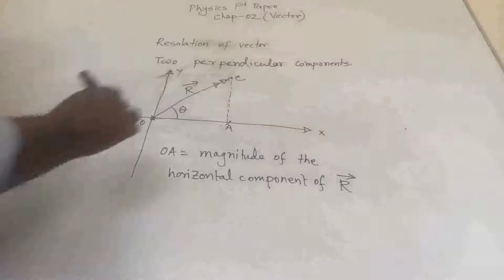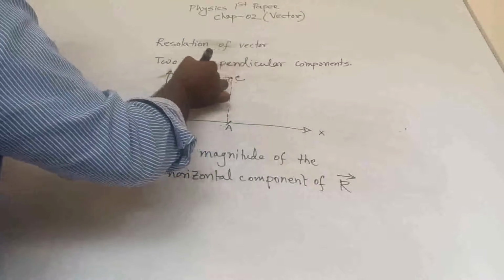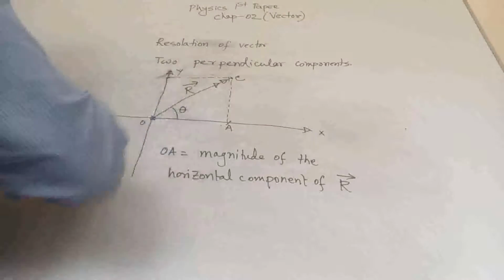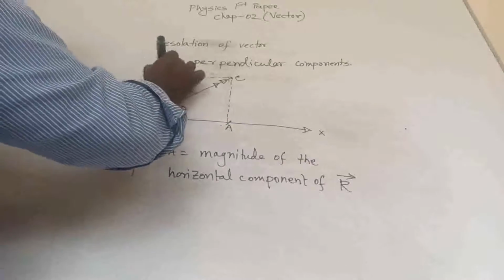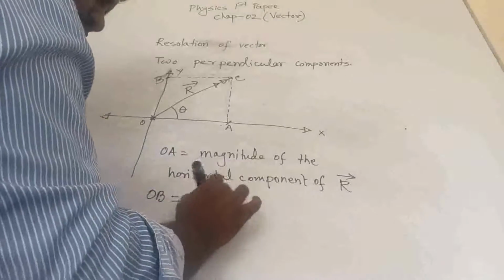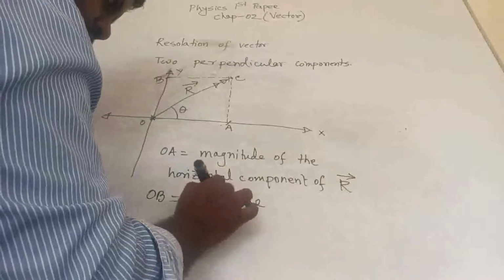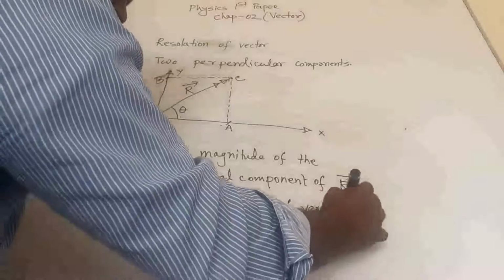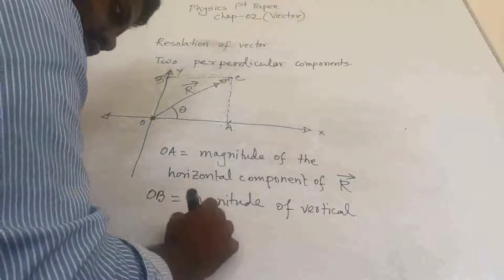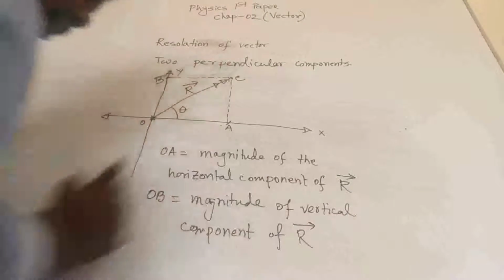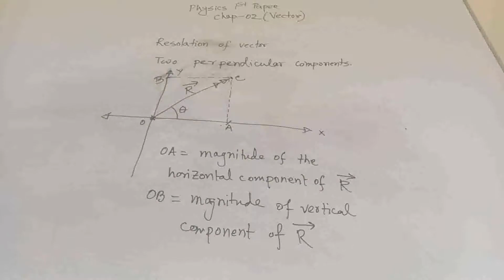By the same process, if you draw a perpendicular line from point C on the y-axis, let us think that it intersects at point B. So OB is the magnitude of the vertical component of R vector.